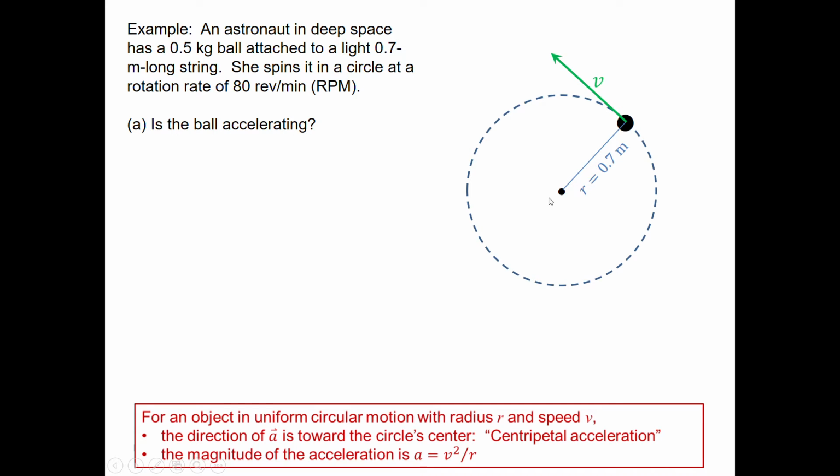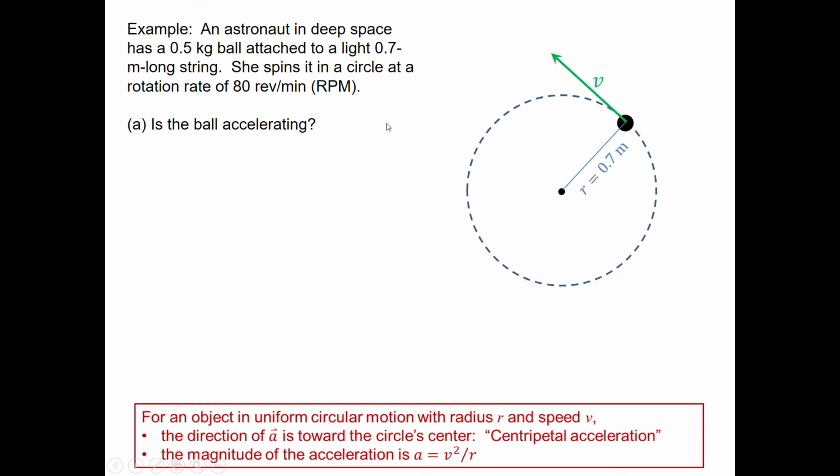You've probably seen that before. So we're imagining the string is being held in the astronaut's finger right here, and here's the ball that's 0.7 meters away, and it's going in a circle at a constant speed. And we're not given the speed, we're given this strange RPM thing, so we're going to have to figure out how to wrangle that into a speed.